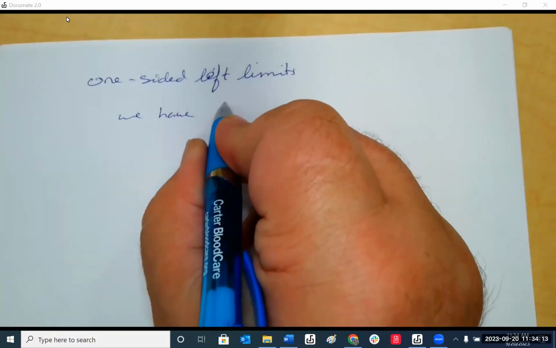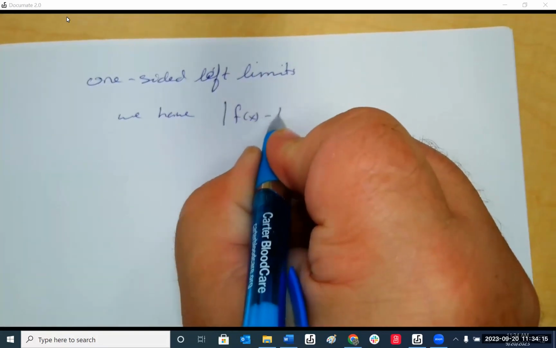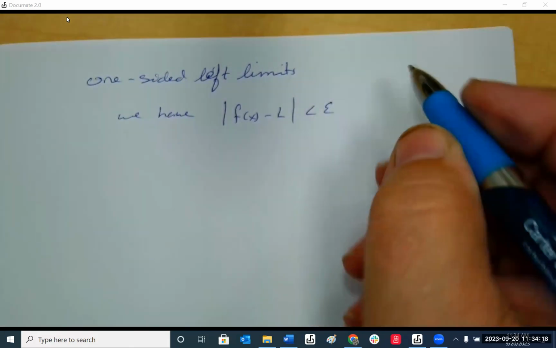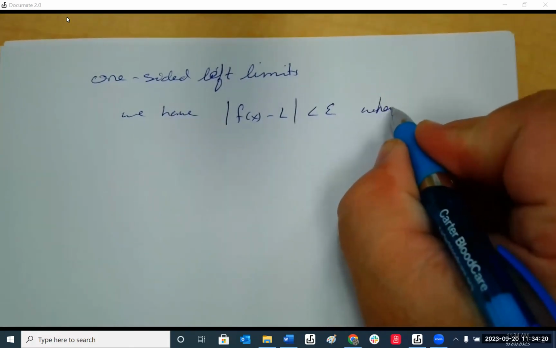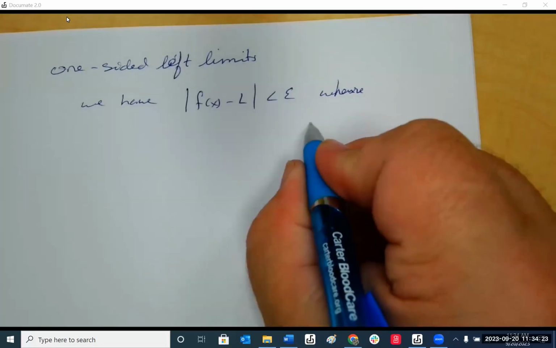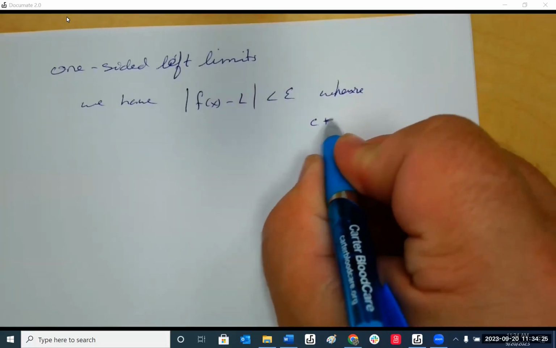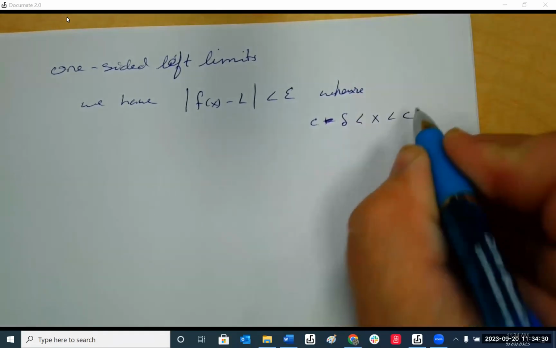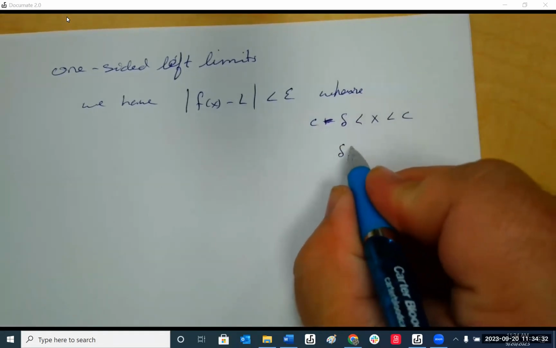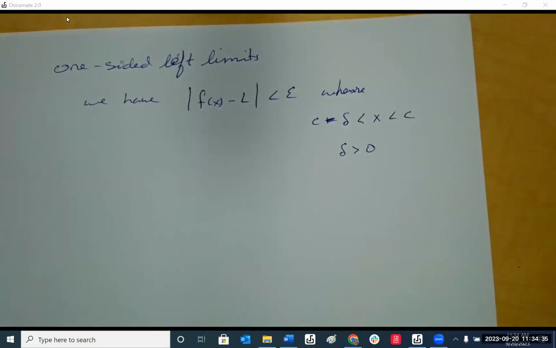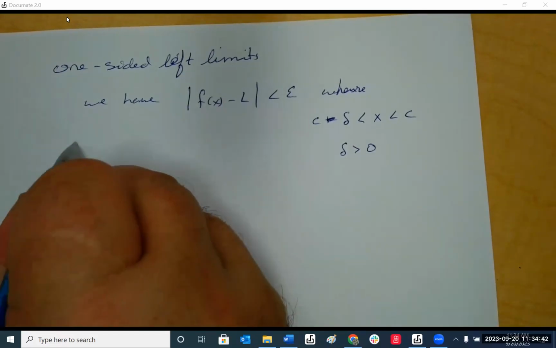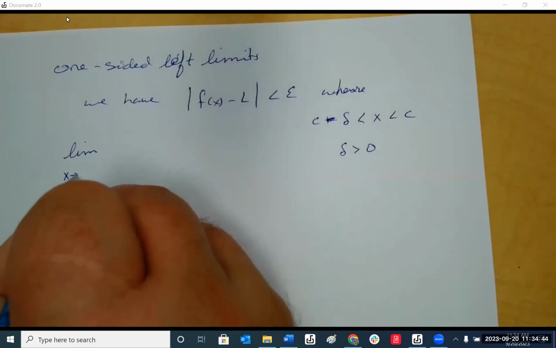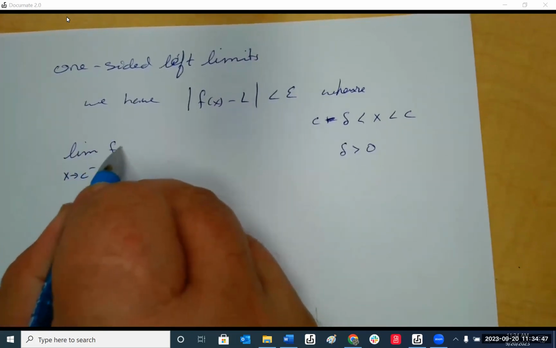We have |f(x) - L| < epsilon, where c - delta < x < c, for all delta greater than 0. And that's what that one finds for us.